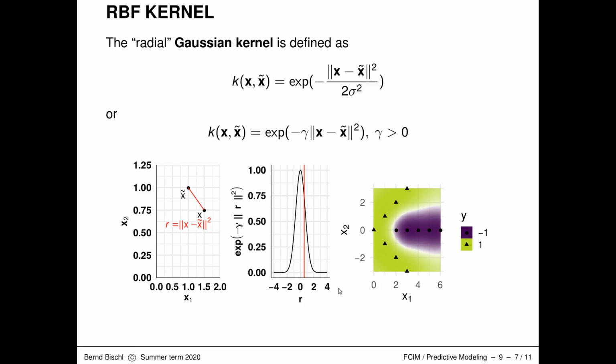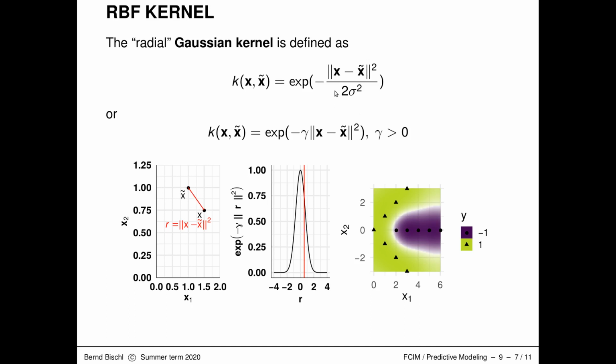What this does is it computes the distance between the two observations. As you can see, this function only depends on these distances. I'll denote the distance with an r. Then we enter this computed distance in this Gaussian bump function, and this computes the value of our kernel.